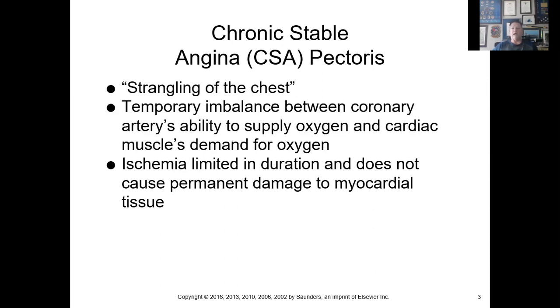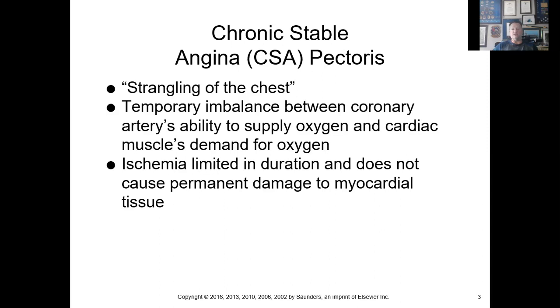It's a temporary imbalance between the coronary arteries' ability to supply oxygen and the cardiac muscle's demand for oxygen. You'll see these people can't walk far distances, but you can't really put a stent in it, or it's not worth doing a bypass because it's not bad enough.